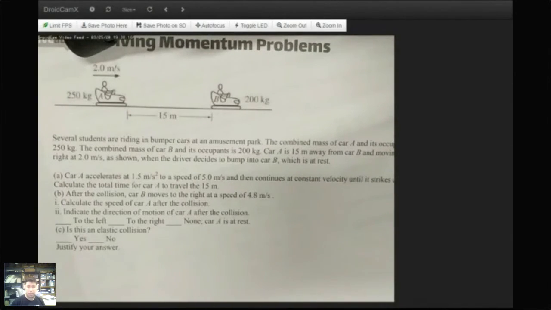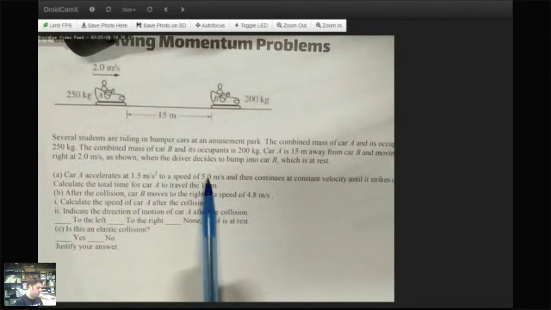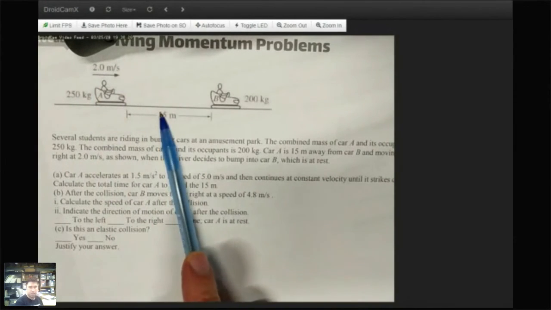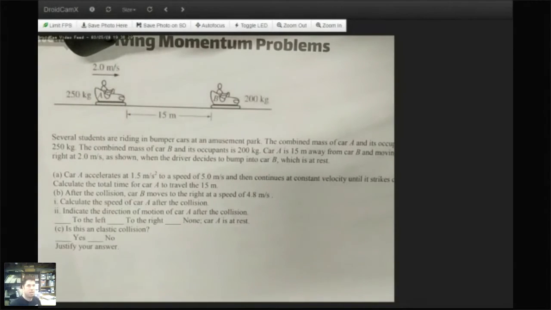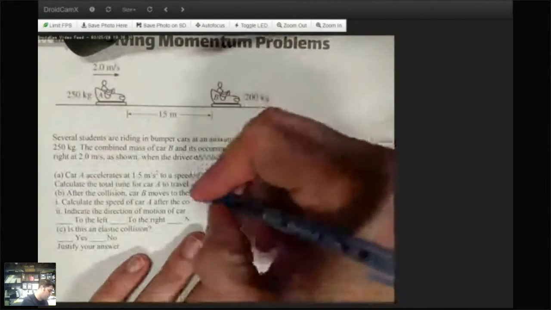So we're given an acceleration. We're given an initial speed and a final speed. And then we have to go a distance in here. So all this stuff put together says we're looking at some sort of kinematics equations. And there are a few kinematics equations that could help us here.